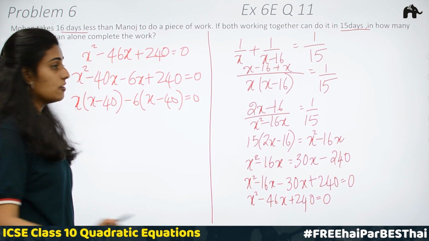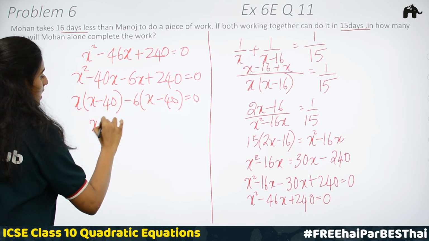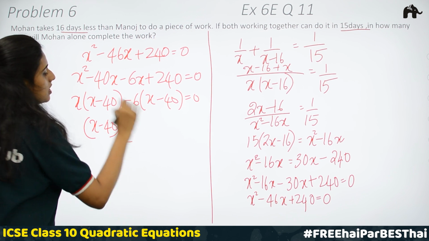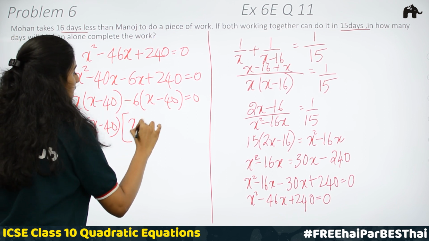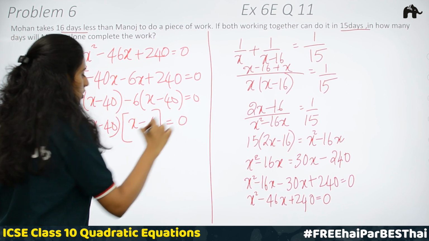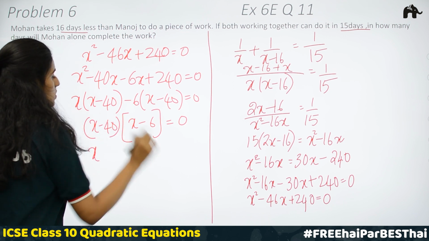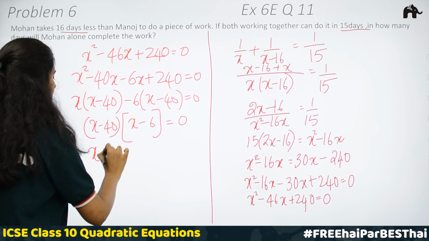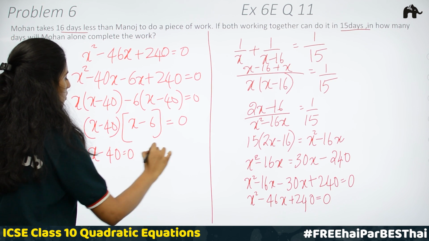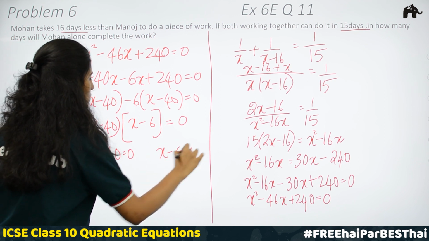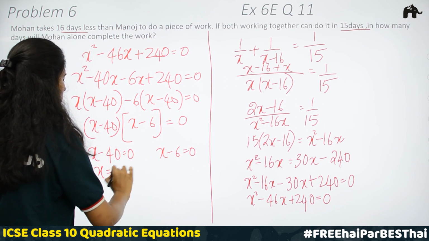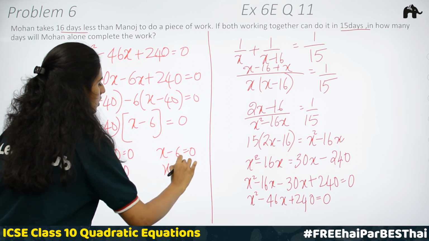Then what are the values of x? Here x minus 40 is common. Taking out, remaining we have x minus 6, that is equal to 0. Using zero product rule, either x minus 40 is equal to 0 or x minus 6 is equal to 0. That is x is equal to 40 or x is equal to 6.